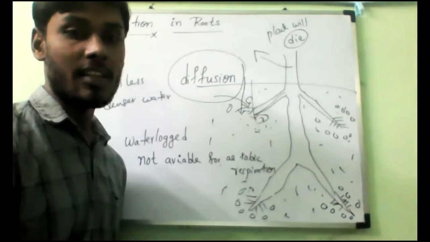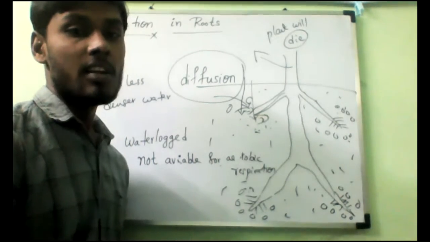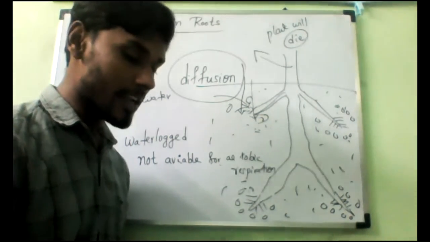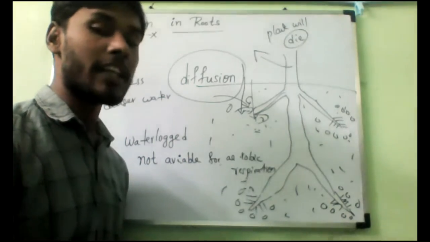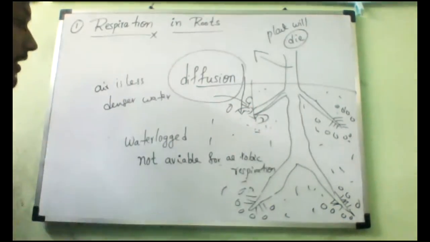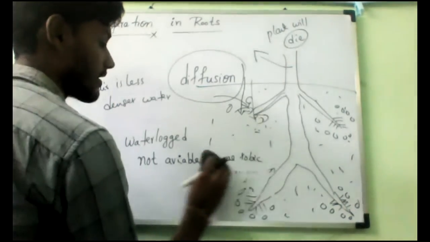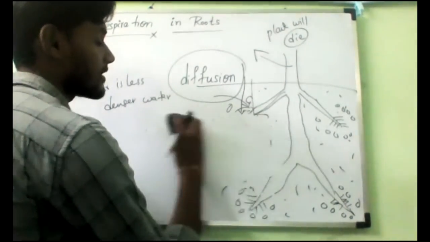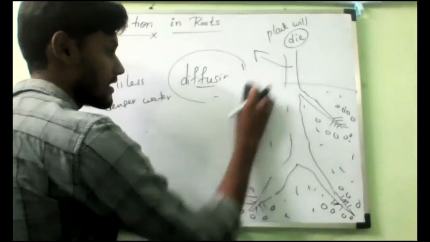So under these conditions, the roots will respire anaerobically. If anaerobic respiration takes place, they will produce some product. What is that product? Instead of aerobic respiration, an anaerobic process will take place because no oxygen is supplied.